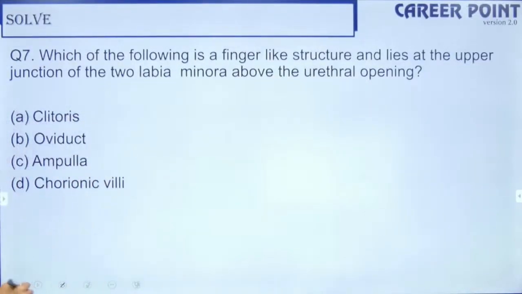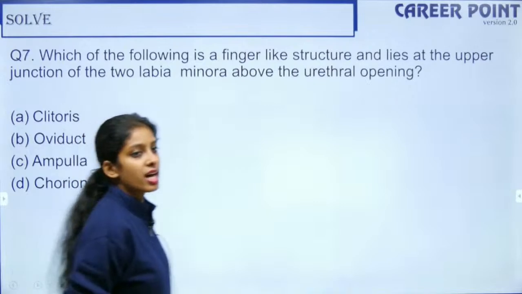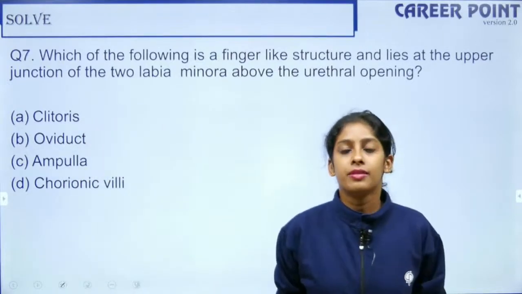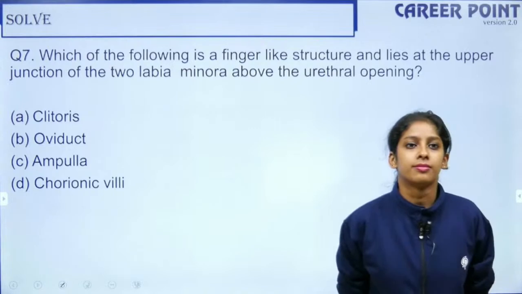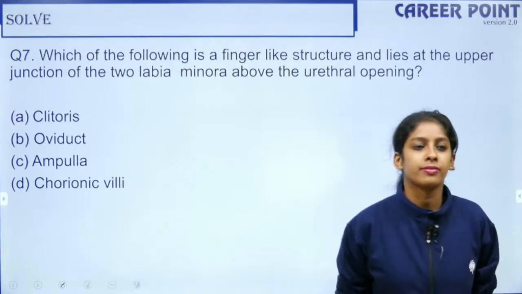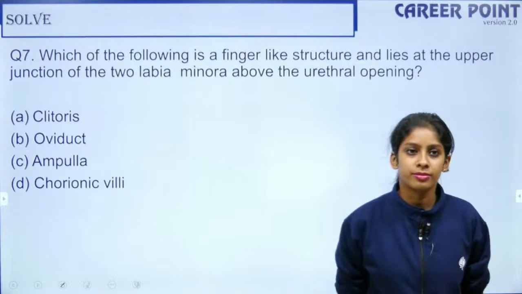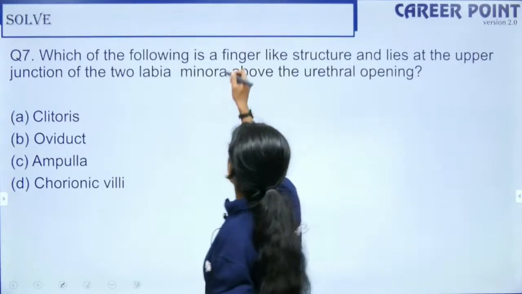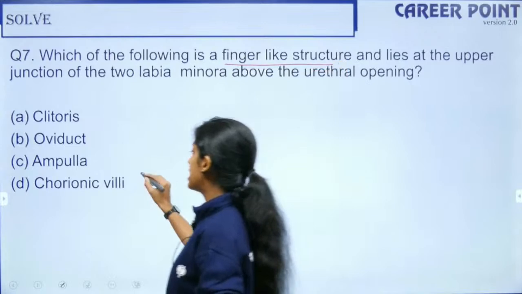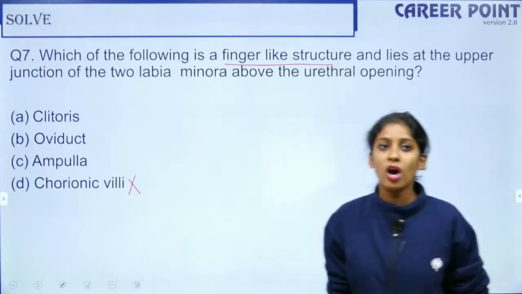Okay? So question 7, which of the following is a finger-like projection and lies at the upper junction of the two labia minora above the urethral opening? Clitoris, oviduct, ampulla, chorionic villi. So what is the answer for question number 7? Whenever you see the term finger-like structure, please don't get confused with chorionic villi.